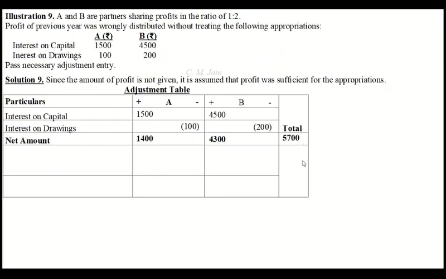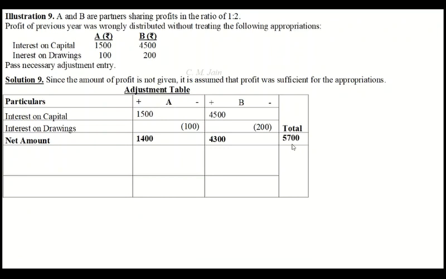Let's understand this with the help of an example. Suppose profit was 10,000 rupees. If we had made these appropriations of interest on capital and drawings, 5,700 would have been distributed in the form of these appropriations.